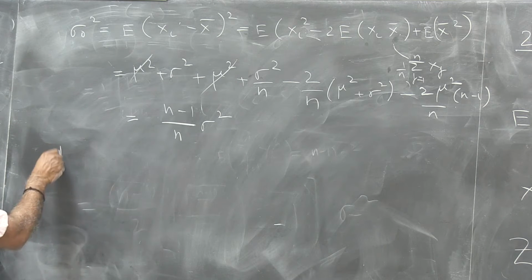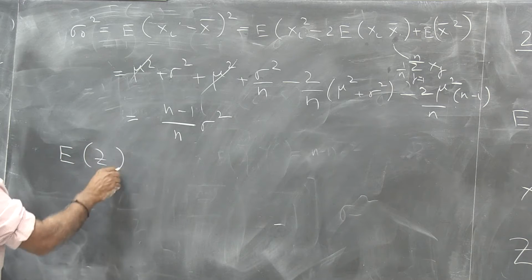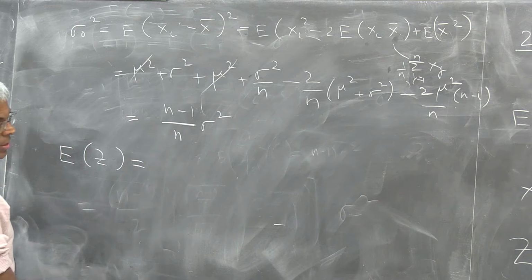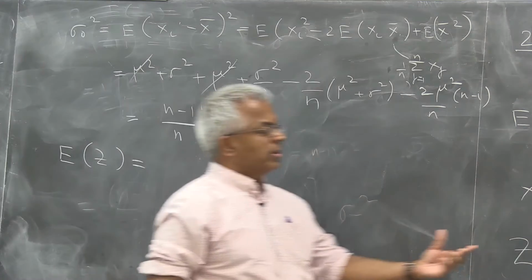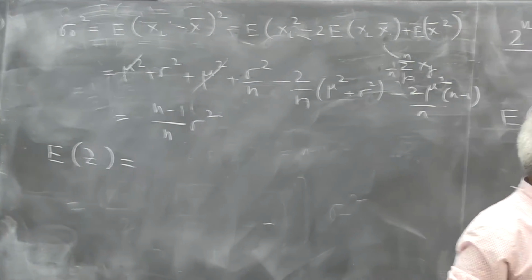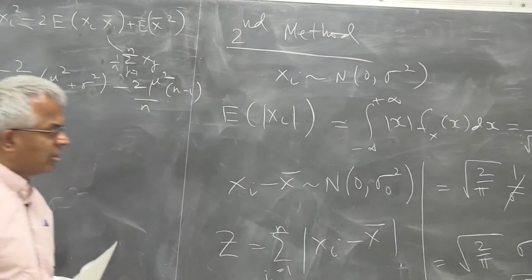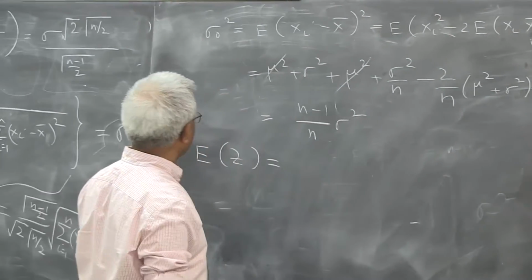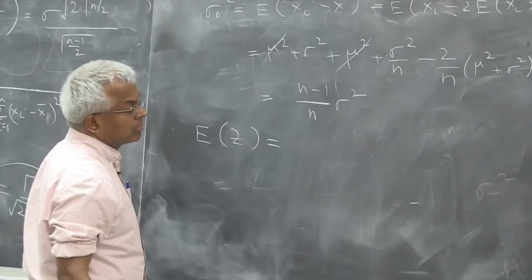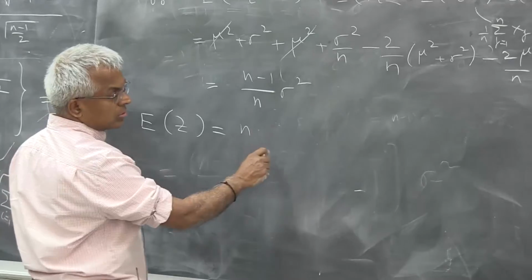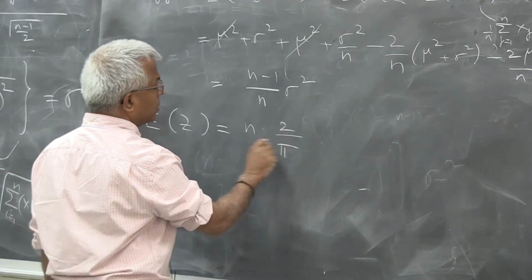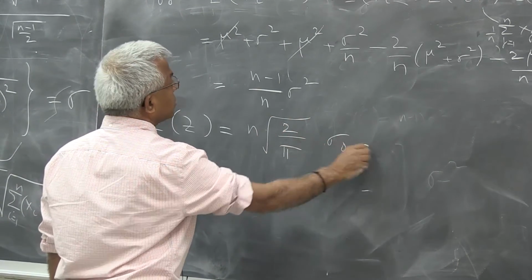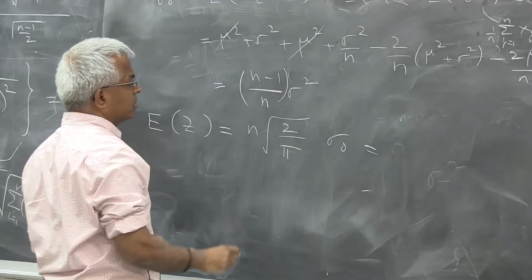So the expected value of z is going to be, from here, each of these random variables has a mean of this form. So it's going to be n times square root of 2 over pi sigma naught. But sigma naught, we have an expression here.